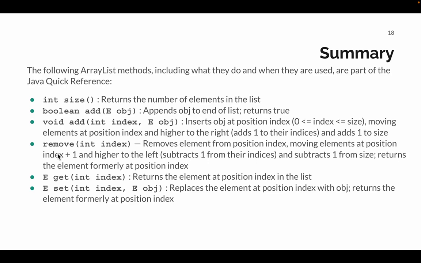Remove removes the element at the position index, and then moves all of the other elements at index plus 1 and higher to the left, so it subtracts 1, so it shifts them again. The get returns the element at that index, and the set replaces, and that's key, replaces.